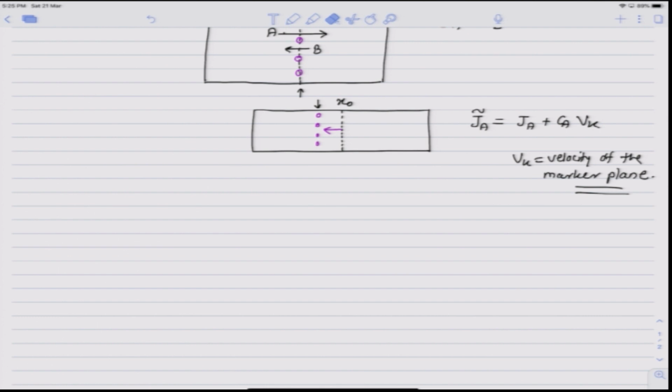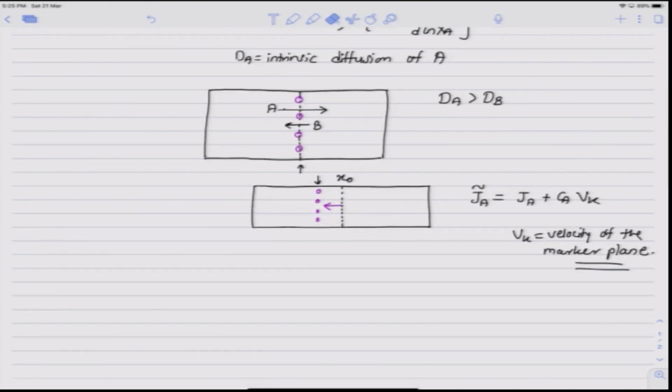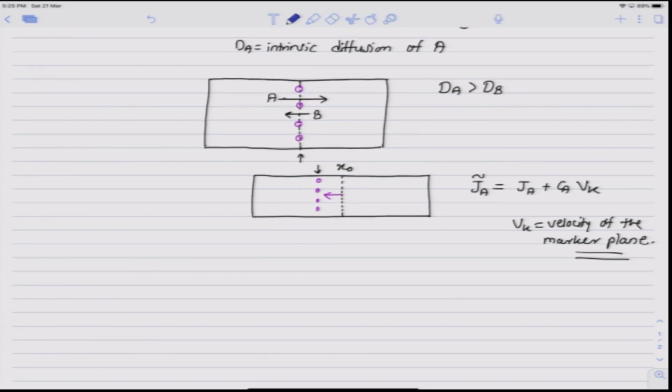Why does this movement occur? Let us try to understand physically what is happening. We are assuming here that the diffusion is occurring by the vacancy mechanism.